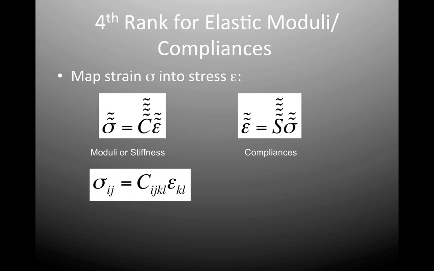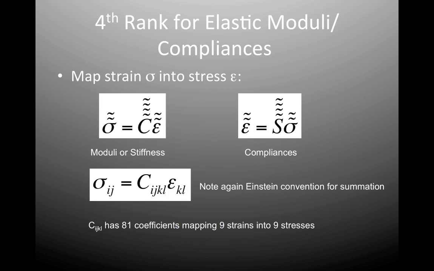We could write this in index notation with the Einstein convention, where the stress in the ij type is going to be equal to a strain in the kl direction mapping through the Cijkl. So again, there's the Einstein convention.